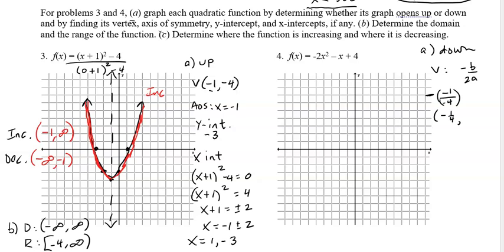And now to find the y-coordinate of the vertex, I just plug negative 1/4 in for x. And simplify this. So negative 1/4 squared is 1/16 times negative 2 is negative 1/8. And this is plus 1/4.